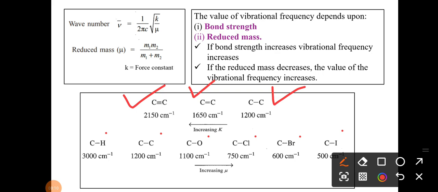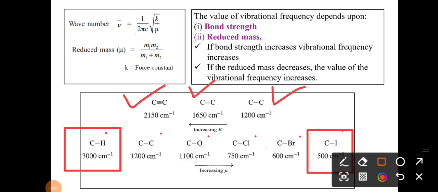So the atom with the lowest reduced mass has the highest frequency, that is C-H, and C-I has the highest reduced mass. By taking these two examples, if the reduced mass is lowest, then the vibrational frequency is highest. Simply, the vibrational frequency is inversely proportional to the reduced mass.